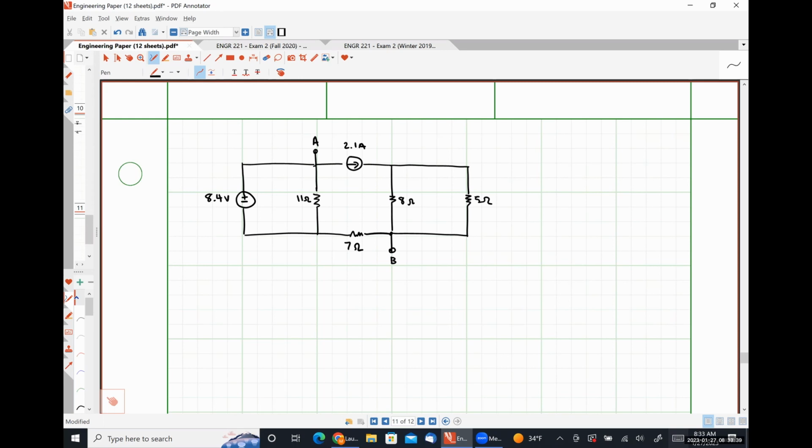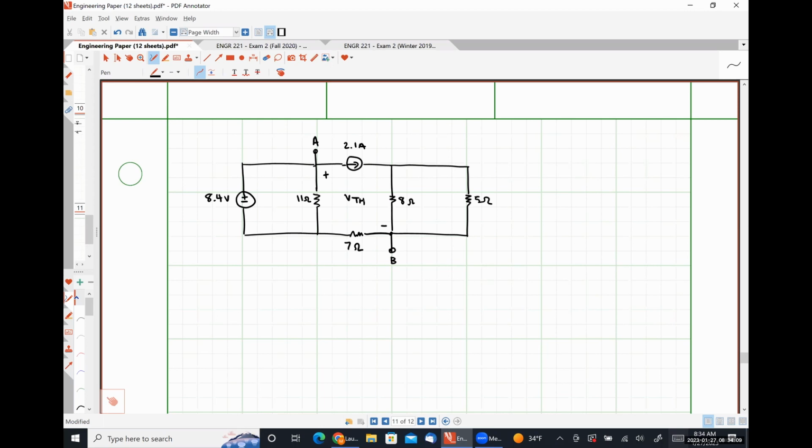All right, so the Thevenin voltage is this voltage. I would argue that nodal analysis would be the easiest thing to do here.